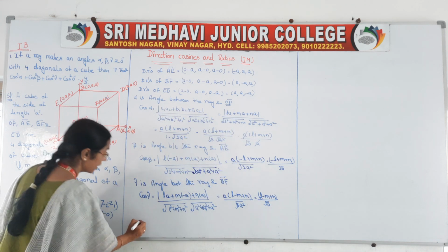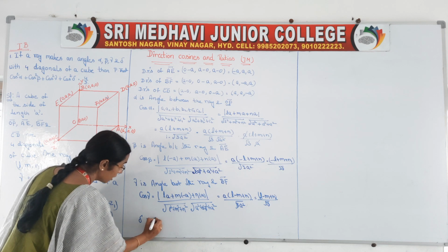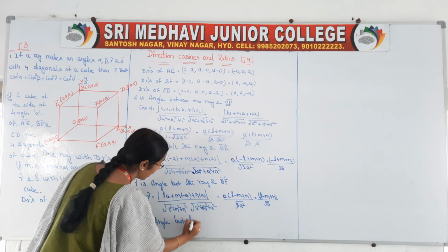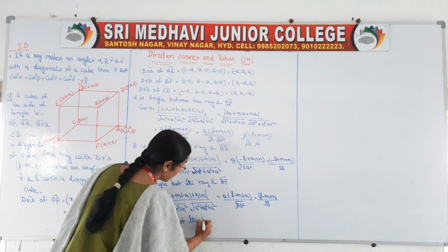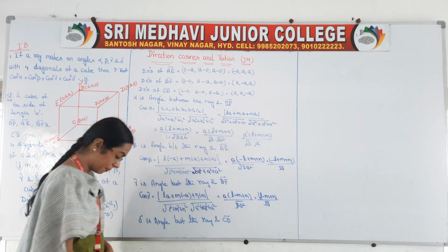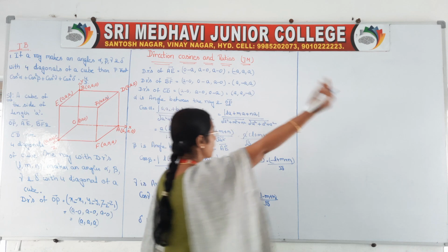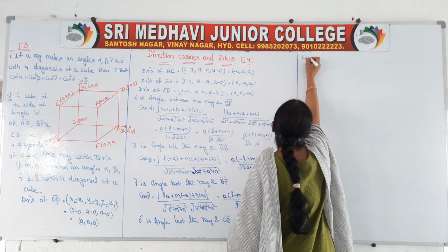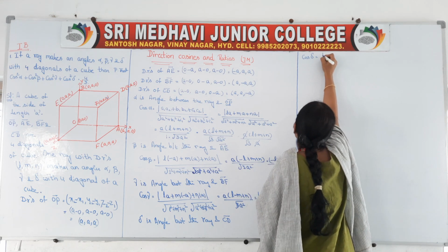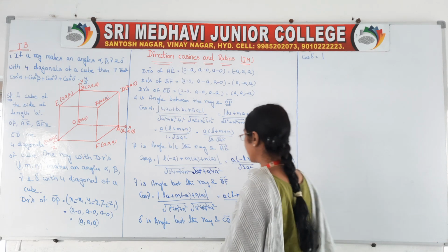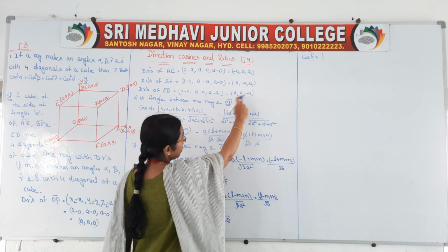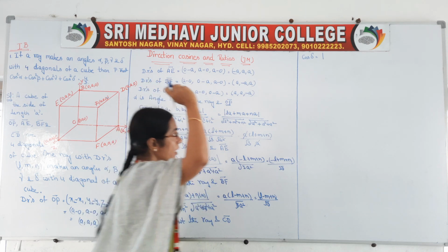Similarly, delta is the angle between the ray and the last diagonal. The last diagonal is CD bar. So now we will take cos delta is equal to, same formula we have to apply, where l, m, n are the direction ratios of the ray and the direction ratios of CD bar are a, a, minus a.